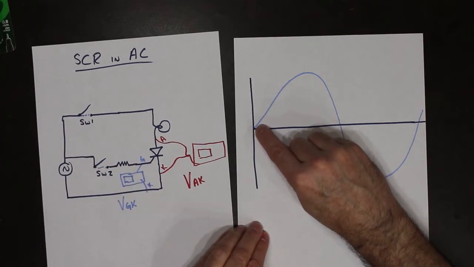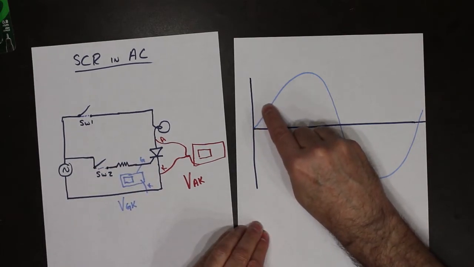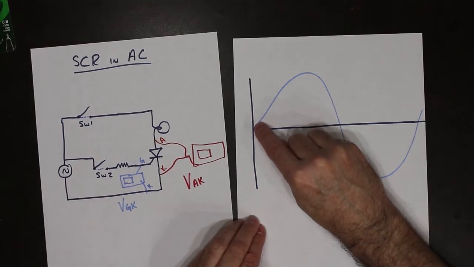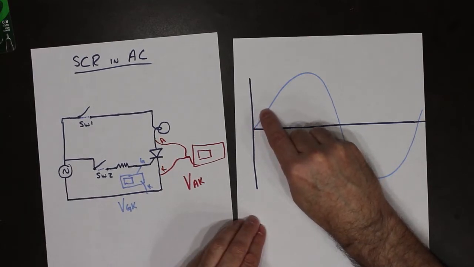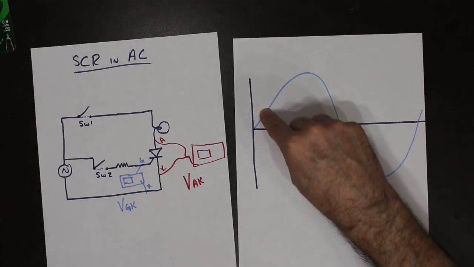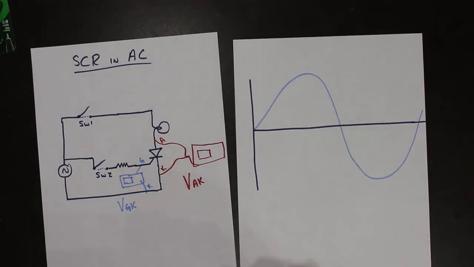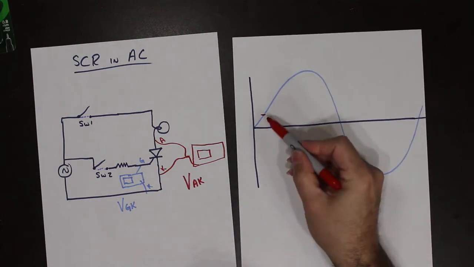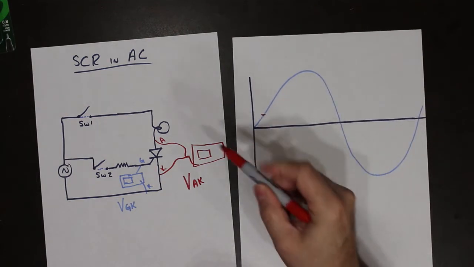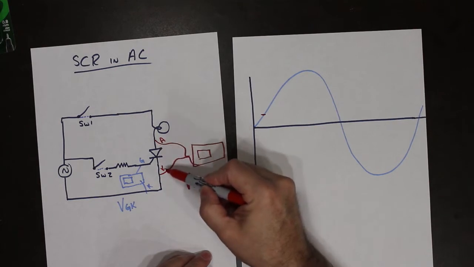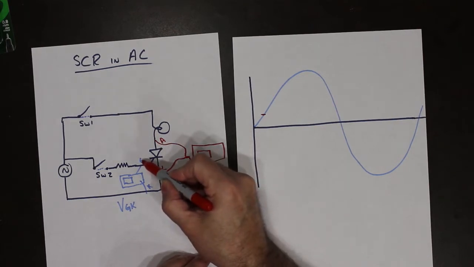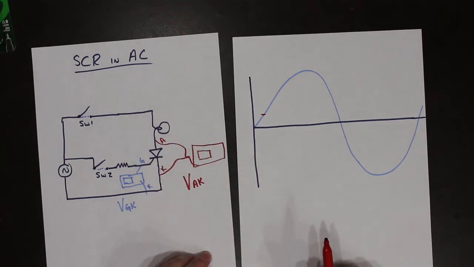As the applied voltage starts to climb, eventually it's going to reach a point where we have enough voltage across the anode to cathode and enough voltage across gate to cathode.